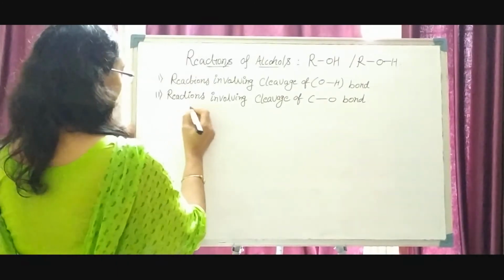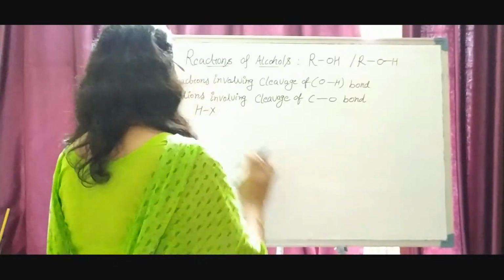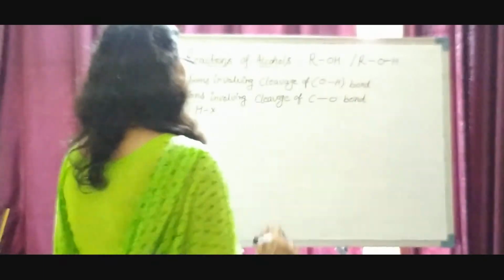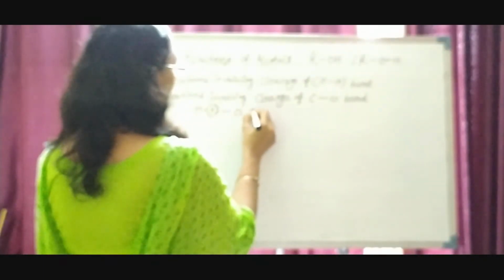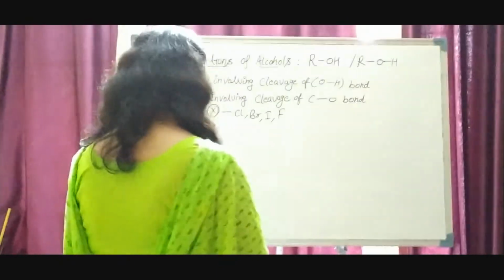Okay, now for the second type, we are going to consider the example of the hydrogen halide. Not alkyl halide, it is the hydrogen halide, HX. This X may be chlorine, bromine, iodine, fluorine.